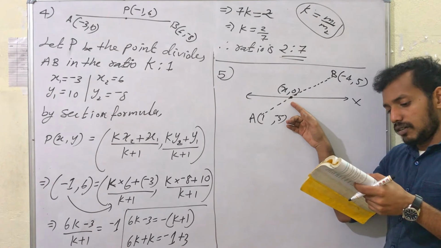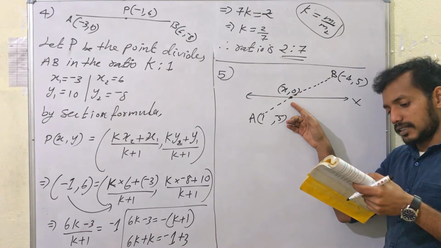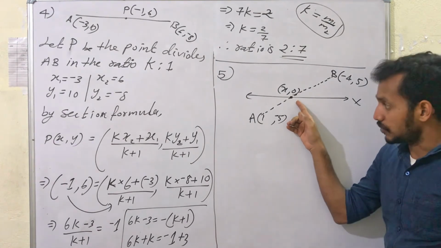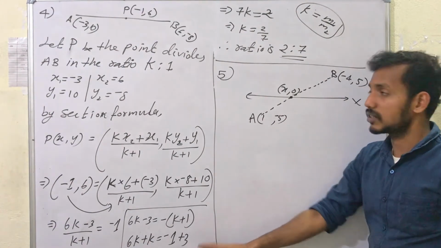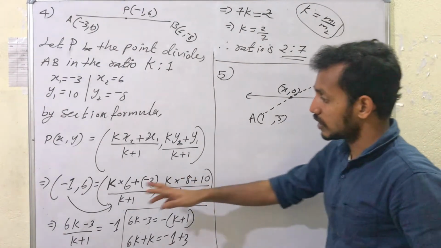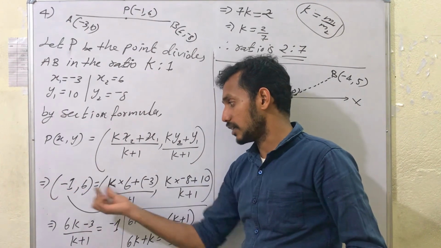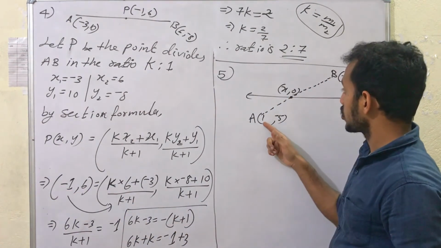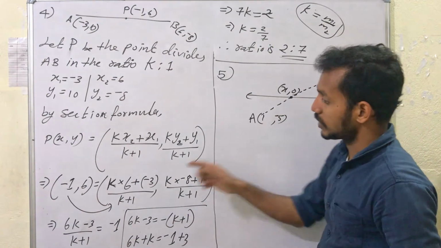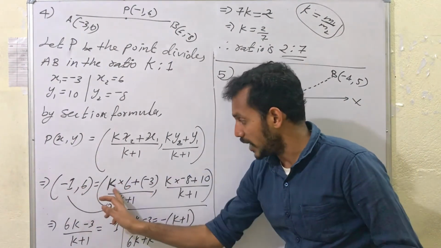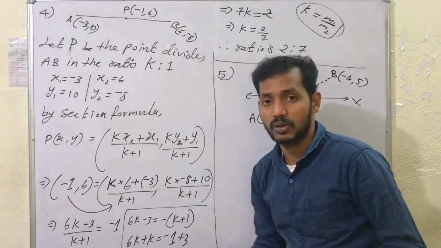Then what is the question? Divided by the x-axis, the ratio you have to find. By applying the same concept, the only difference is that earlier we took the x coordinate relation. But in this question you cannot use the x coordinate relation. If you take the x coordinate relation, two variables, x and k, will be there, so you cannot solve.